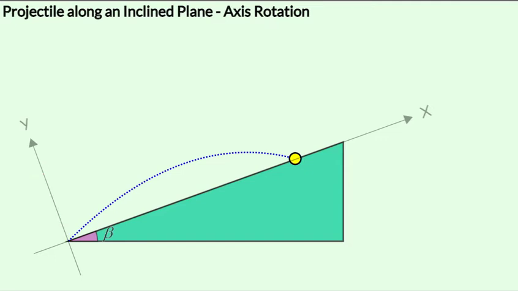And in a sense, the problem appears like it did before, meaning that the projectile is launched from the x-axis and will land back on the x-axis. But in rotating the axes, there are changes which come about as a consequence, and we will see how to deal with that.